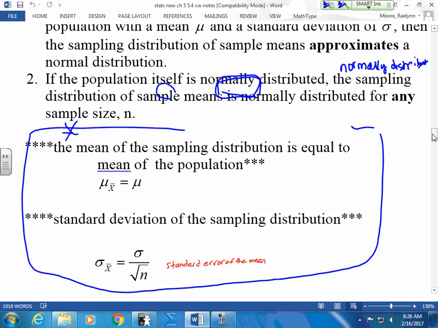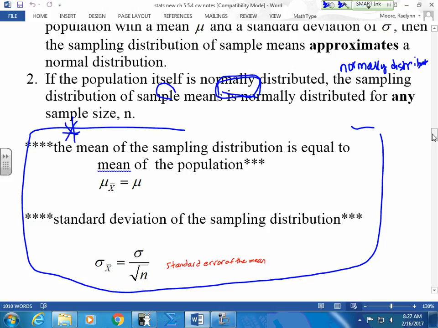This is the crux of what we're going to be doing. Mean from the sample is equal to the mean from your population. The standard deviation is going to get smaller. It's called the sampling error of the mean, because you have all these different samples and you're combining them.